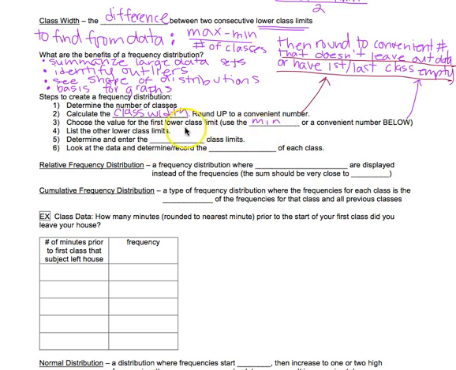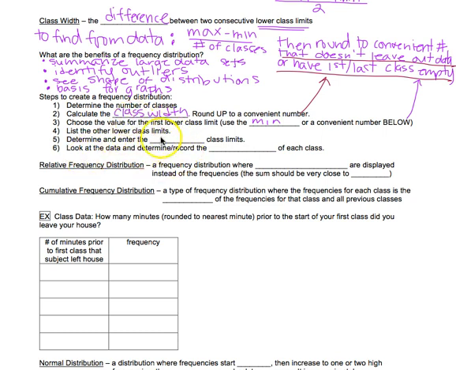Once you've chosen the first lower class limit, because class width is defined as the difference between two consecutive lower class limits, let's say that our class width is 20 and our first lower class limit is 1, then that means I'm going to add 20 to get the second class. So the second class would start at 21, then 41, then 61, so on and so forth. So you can list your other lower class limits.